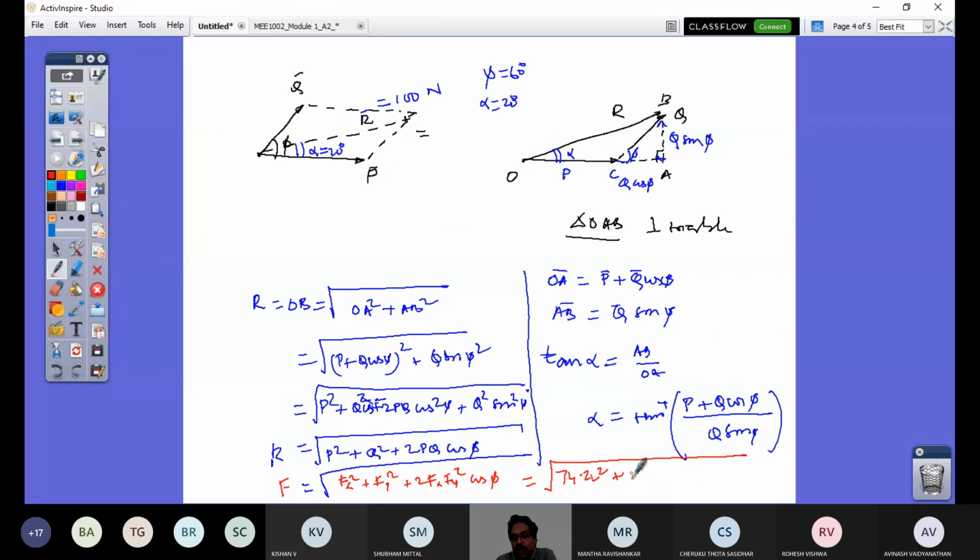Yeah, 39.49 square plus 2 into 74.22 into 39.49 cos of the angle between two axes. That's cos phi, which is 60 degrees. Substitute that and you would have exactly 100 Newton. So this is how you can cross check.